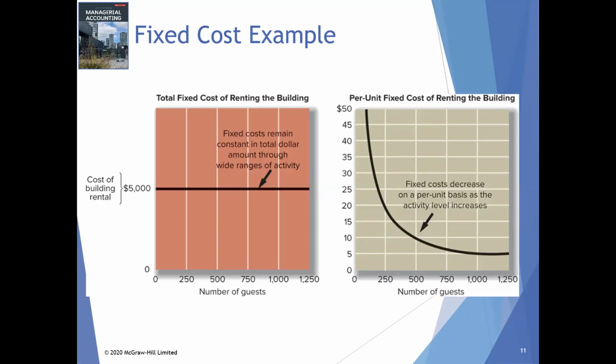It's a fixed one. So fixed cost remains constant in total dollar amount through a wide range of activity. If the activity range is going to change up or down, maximum or minimum, a fixed cost is not going to change. But if we talk about the per unit fixed cost, definitely that will change.